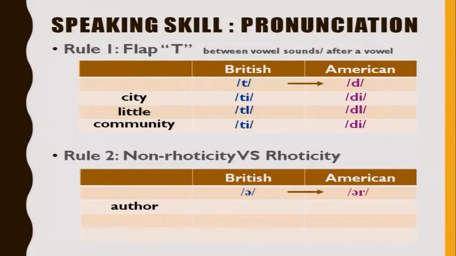In British English, we don't usually pronounce the R sound if it is at the end of the syllable. However, we would pronounce the R sound in American English. For example, this word, in British accent, we would say author.